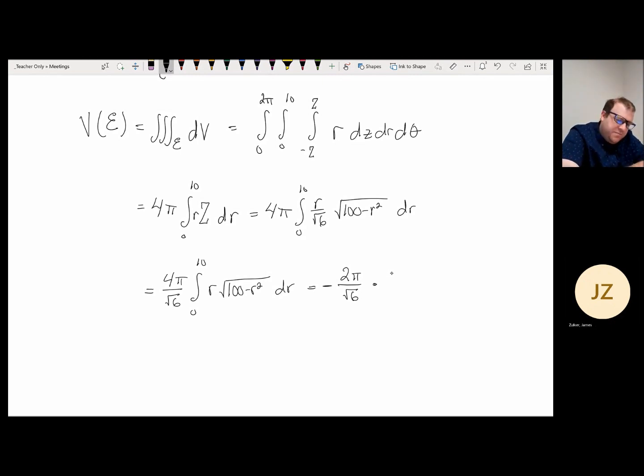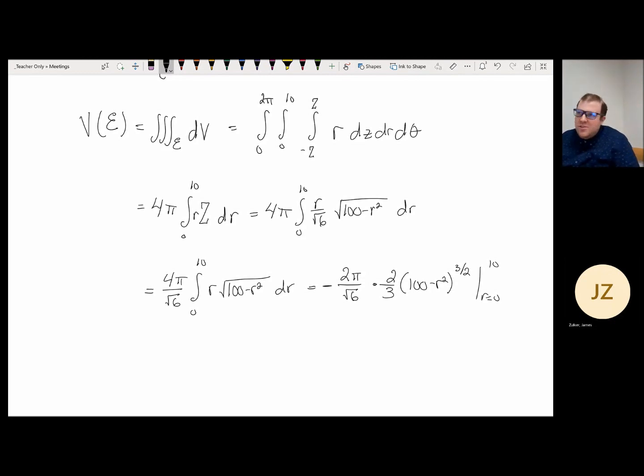This one I am gonna write out. All right, then you have square root of u. Antiderivative of that is 2/3 u to the 3/2.